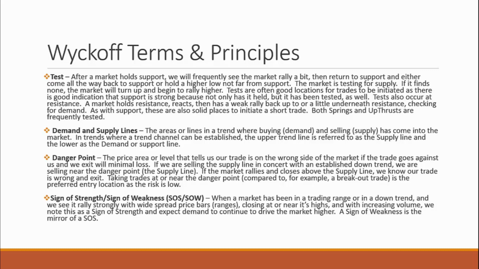Okay, and then the reverse is the case for a sign of weakness. If the market falls in a straight line down on a point and figure chart, we would view that most likely as a potential sign of weakness, and then we want confirmation on the next rally or pullback. Okay, so that's signs of strength and signs of weakness.